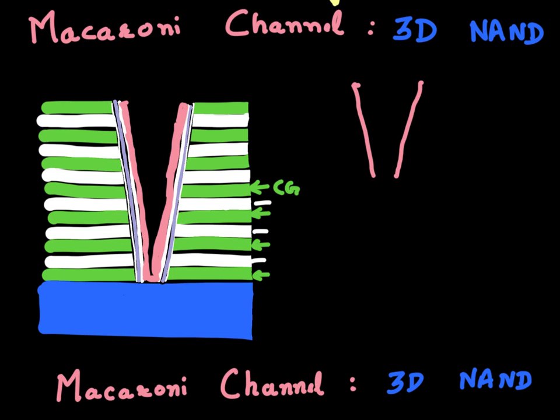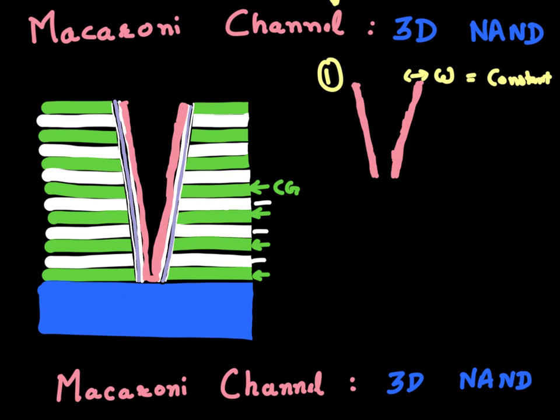It has a uniform width because this polysilicon is deposited uniformly on both sides, and I can control the width of this very precisely by controlling the amount of time for which I'm doing this deposition. So you can see that the width of the channel in this case is constant. Okay, so this is my option 1, and you can see that the width is constant.